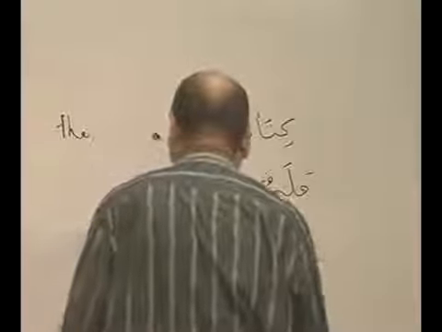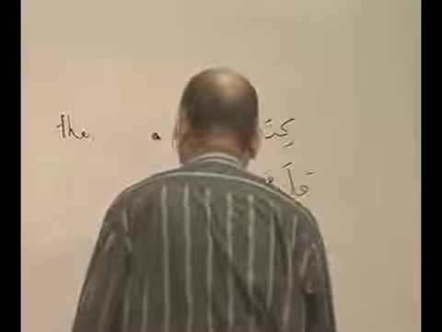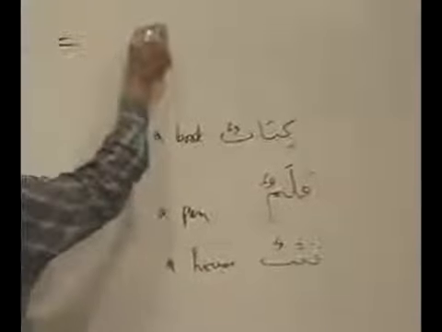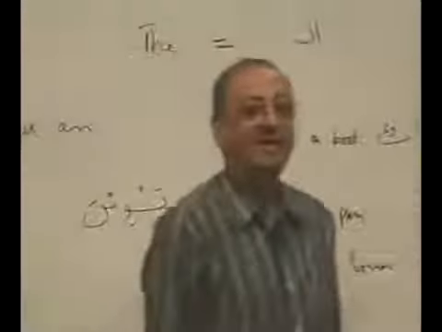Right, brothers and sisters? And then, how do I make it definite? So, definite, which is the in English, we have to add al to the noun. So I want to say the book.